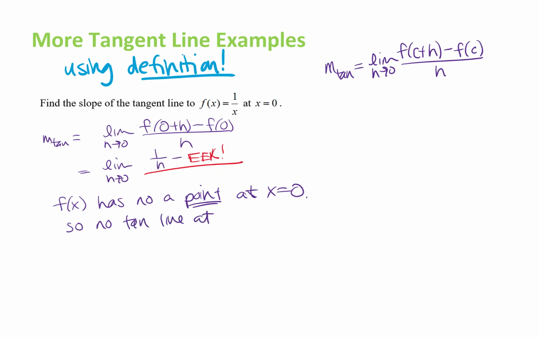And in fact, the reason we had a problem finding the slope of the tangent line using the definition here was exactly when we tried to write down what would have had to do with the point on that function at x equals 0. So this example is really intended to emphasize that not every function has a tangent line at every point on the graph, and we'll look some more at that later.